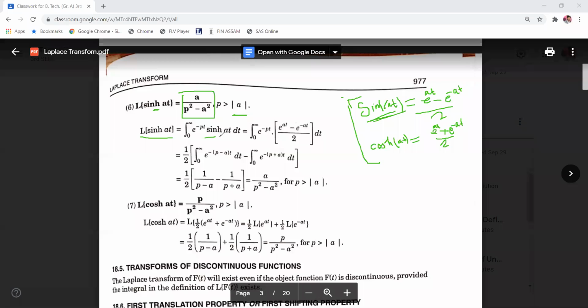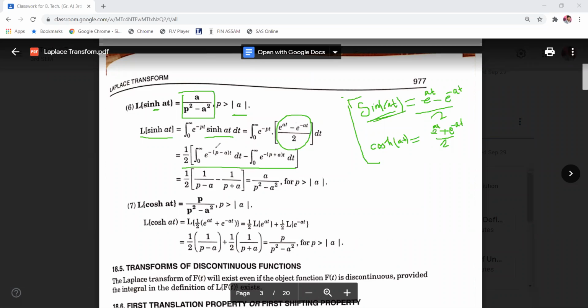So sine hyperbolic at is what? E to the power at minus e to the power minus at by 2. I have substituted here, then just separated it in terms of 2 integrations. And then simple integration.